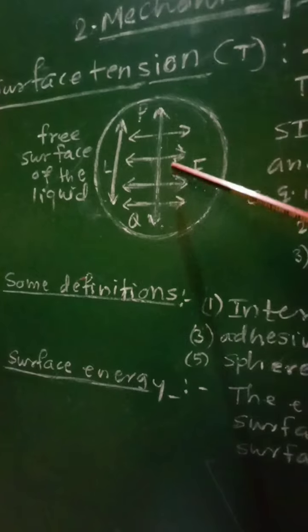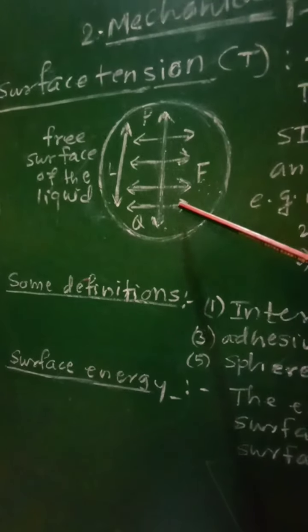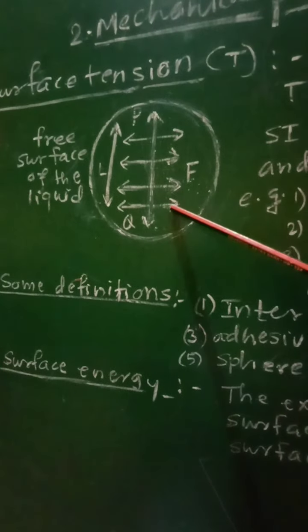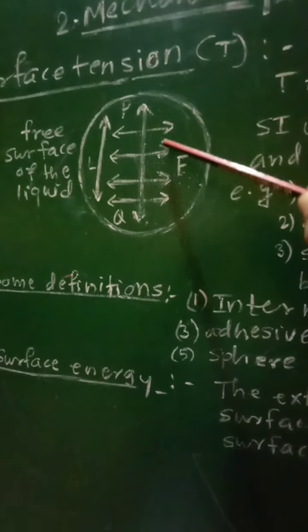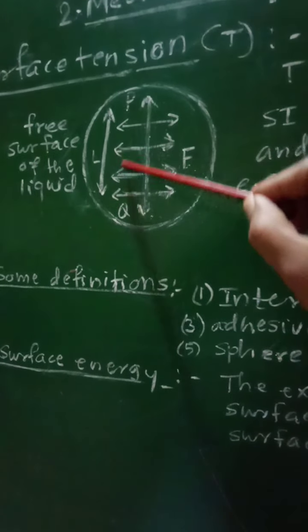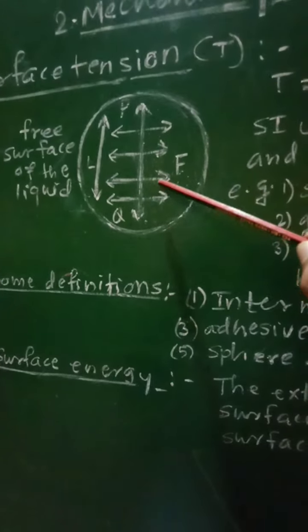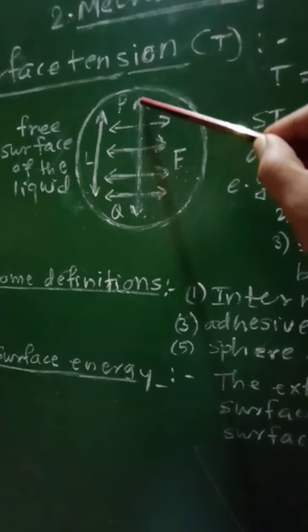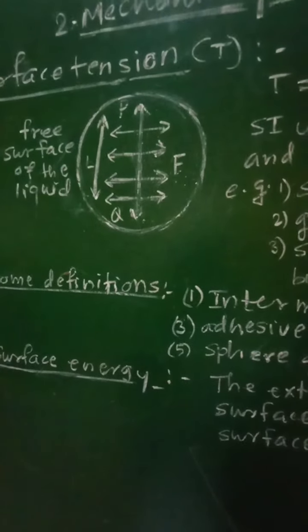forces which are also tangential to the free surface of the liquid, and therefore these forces on both sides of this line will be perpendicular to the length of this imaginary line.